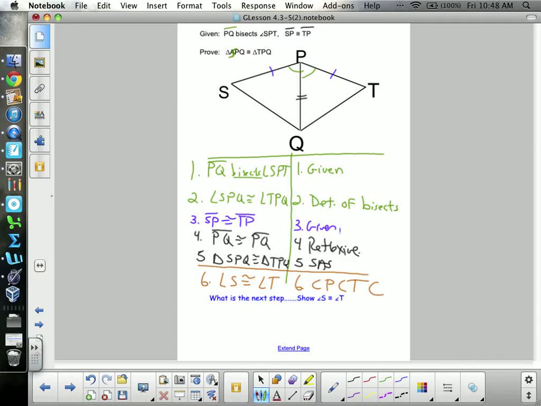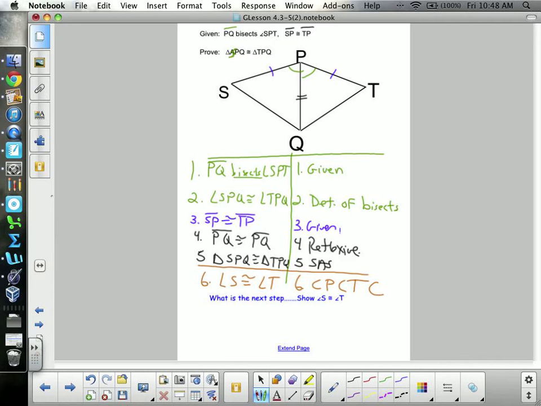Now, some important things about CPCTC. We can only use it after I know triangles are congruent, after a shortcut. Can I use it before a shortcut? When can I use it? After. Can I use it as a reason why? Can I use it as a shortcut? No. When do I use it? After the shortcut.